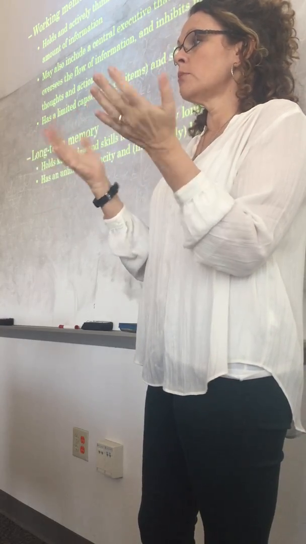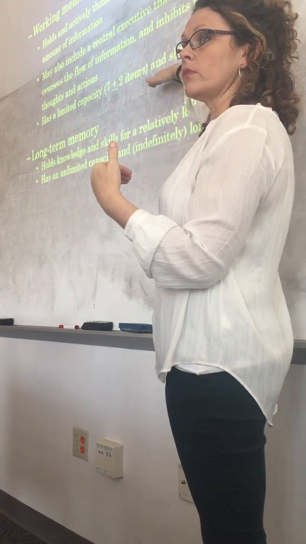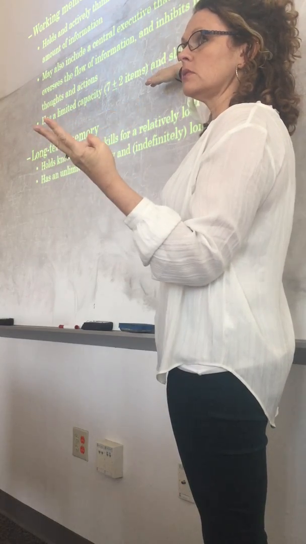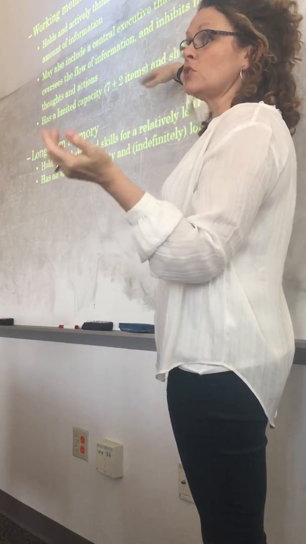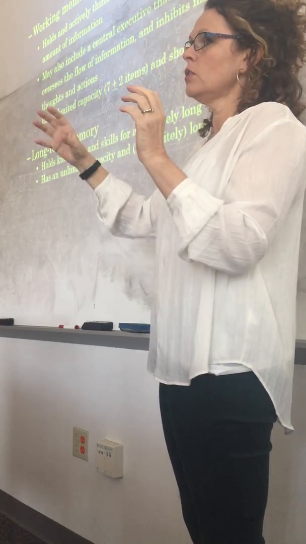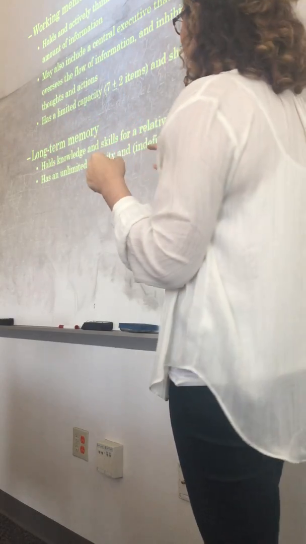Your social security number is actually 9 digits, which would be the max here. But you actually remember it as 3 chunks of information. So when somebody asks you, what's your last 4 digits? You rattle that off in a phrase. You don't remember it as 4 different numbers. You actually remember it as 1 chunk of information.